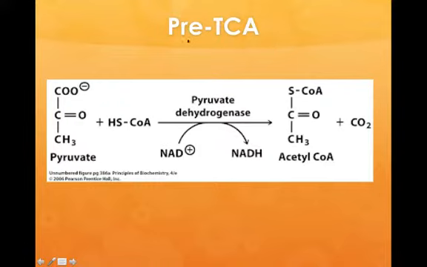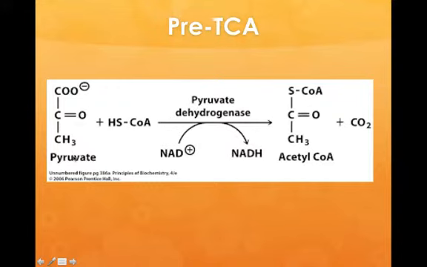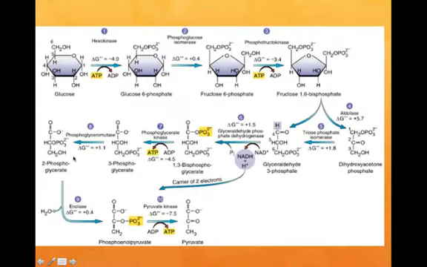You could probably tell me about the pre-TCA reaction of pyruvate made into acetyl-CoA, which is going to go into the TCA. Remember, acetyl-CoA goes into the TCA cycle, and this cycle cannot run without acetyl-CoA. So if acetyl-CoA wasn't there, this cycle wouldn't run. But acetyl-CoA gets made from pyruvate, which was made from glycolysis.